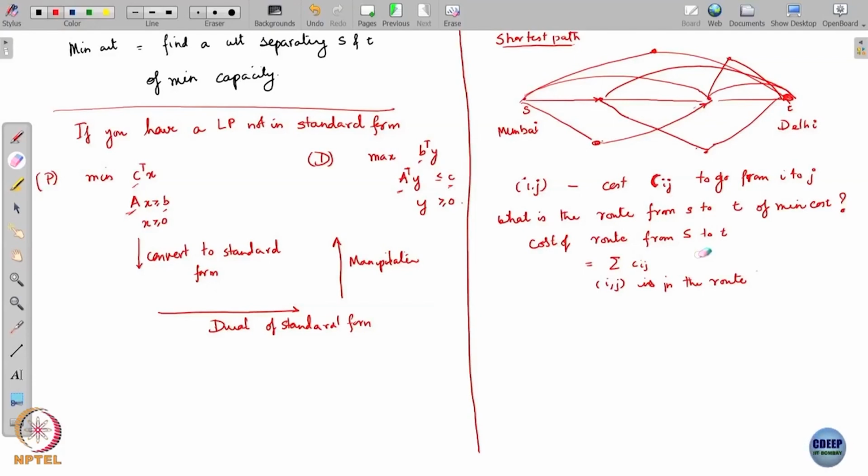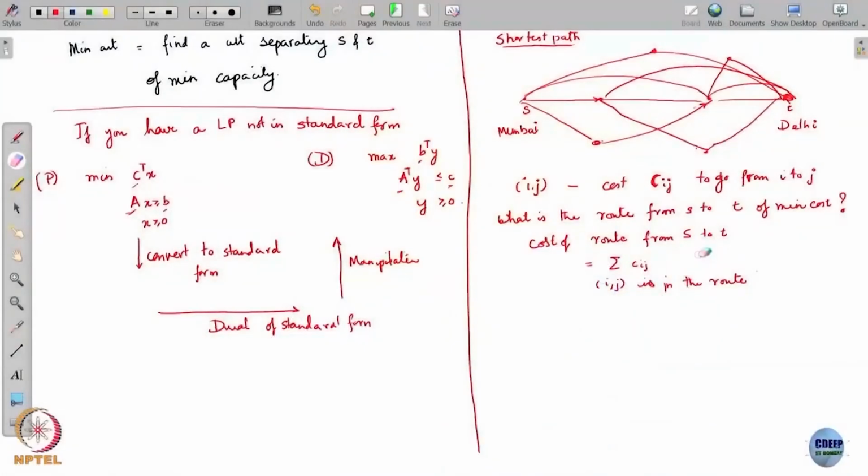Now, here you can see intuitively how you would solve a problem like this. If you want to go from Mumbai to Delhi, you can see this simple little graph is already extremely complicated. How would you solve it? You would say, let me try out this route, going from the source node to one node, then let me try out this possibility, and that possibility, etcetera.